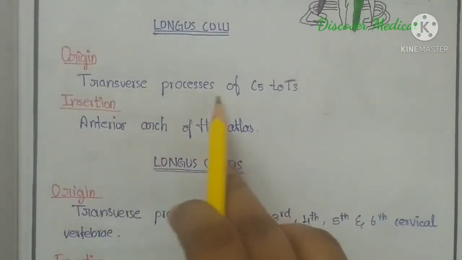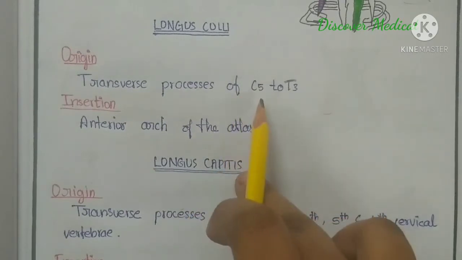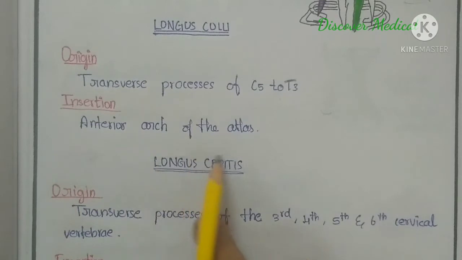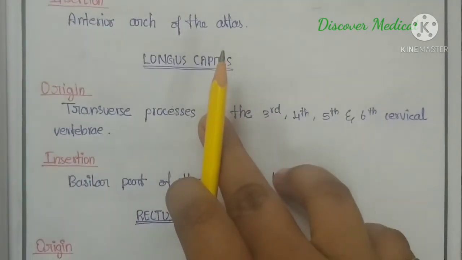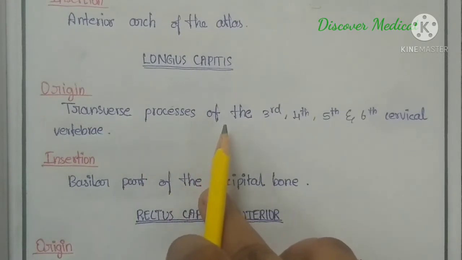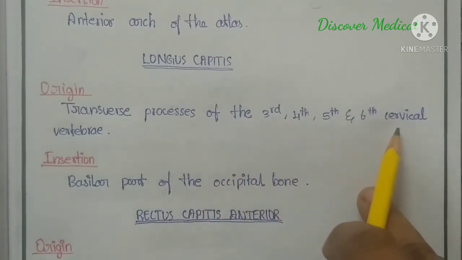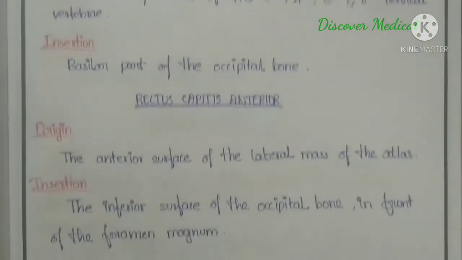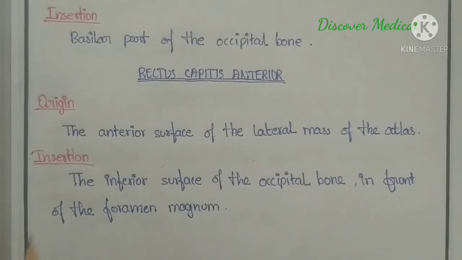Longus colli. Origin: transverse processes of cervical 5 to thoracic 3, inserted at the anterior arch of the atlas. Longus capitis. Origin: transverse processes of the 3rd, 4th, 5th and 6th cervical vertebrae, inserted at the basilar part of the occipital bone. Rectus capitis anterior.